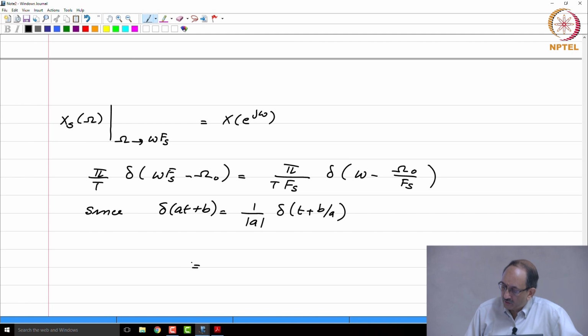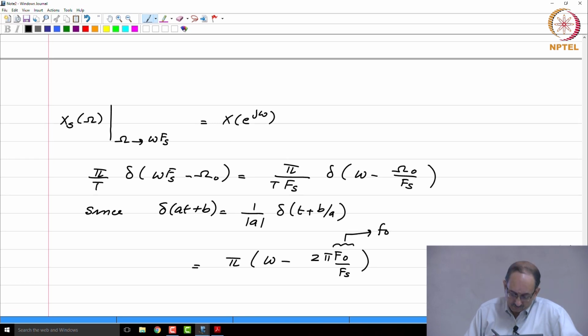This in turn becomes pi, denominator is T times F s, which is 1, and now you have omega minus omega naught after all is 2 pi F naught by F s. F naught by F s is little f naught, and 2 pi little f naught is omega naught.